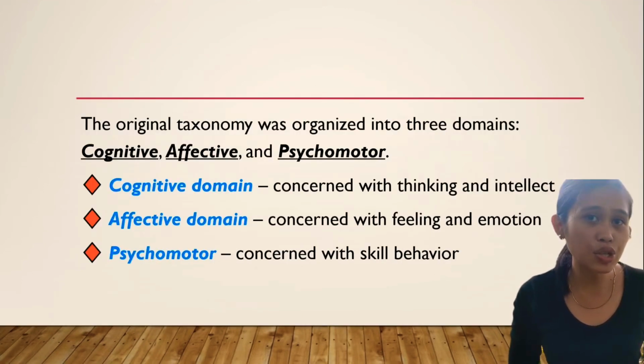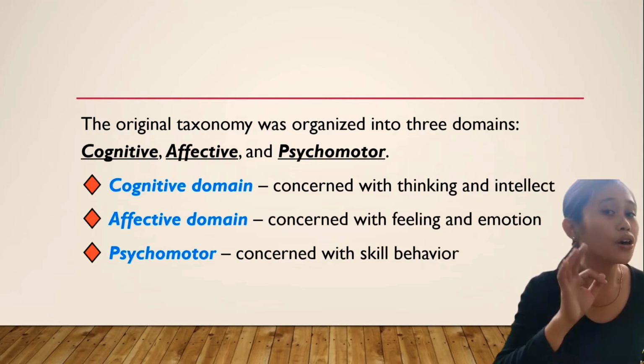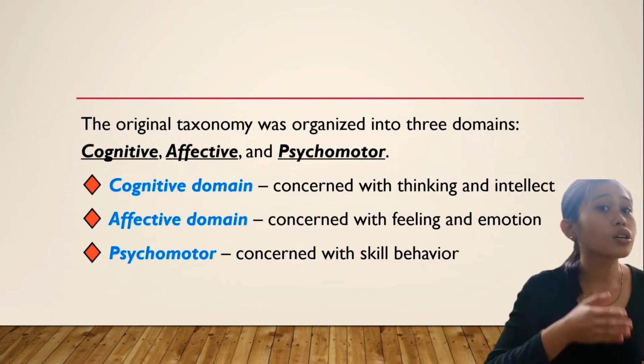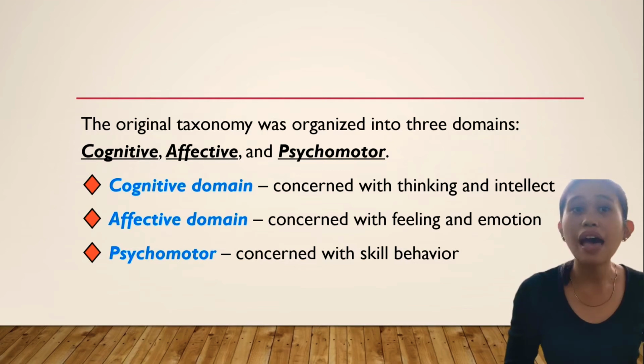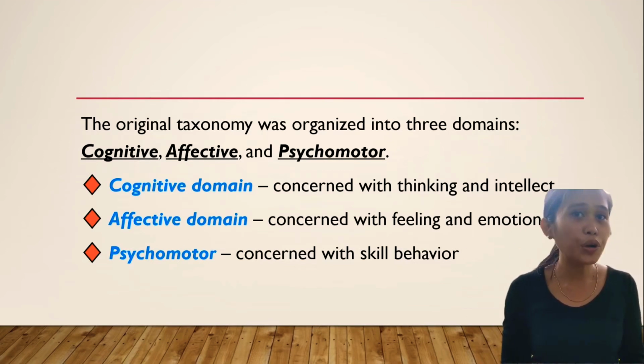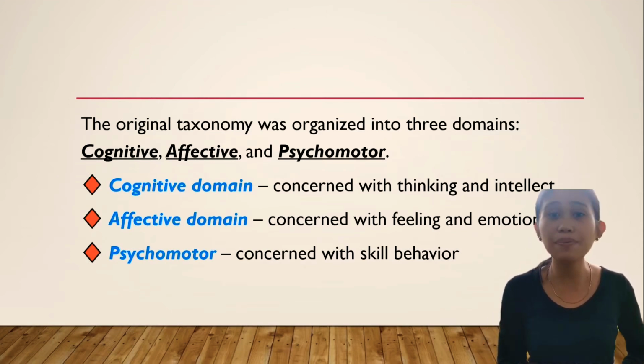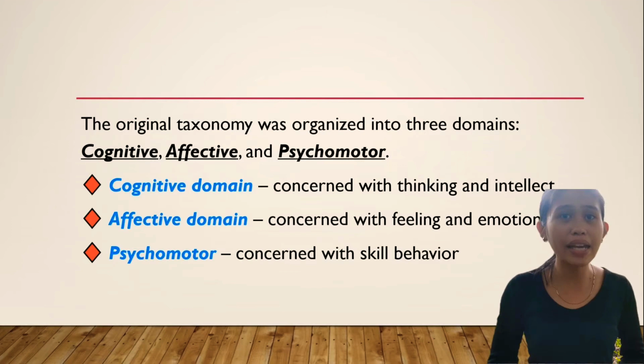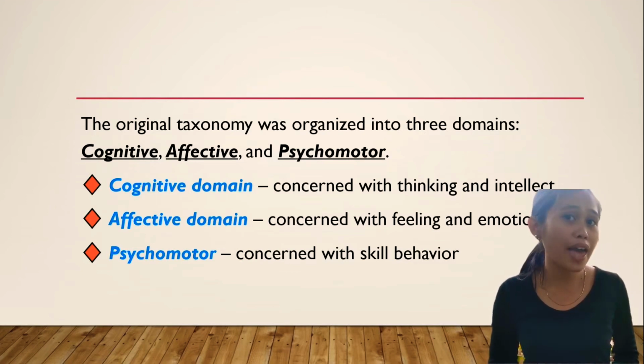The original taxonomy was organized into 3 domains: cognitive, affective, and psychomotor. The cognitive domain is concerned with thinking and intellect, the affective domain with feeling and emotion, and the psychomotor domain with skill behavior.